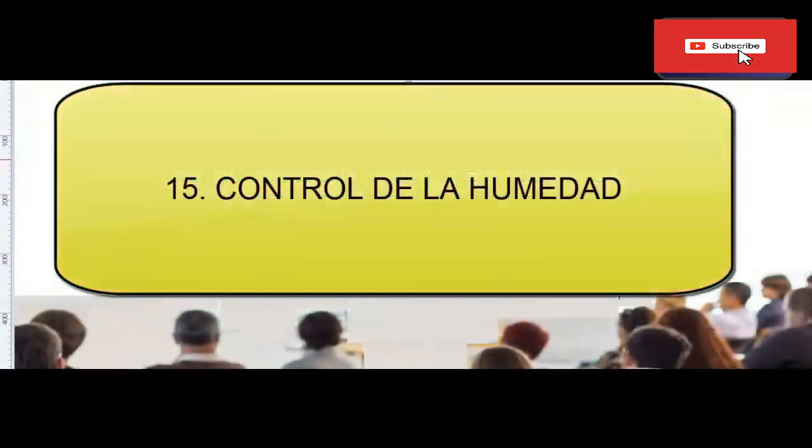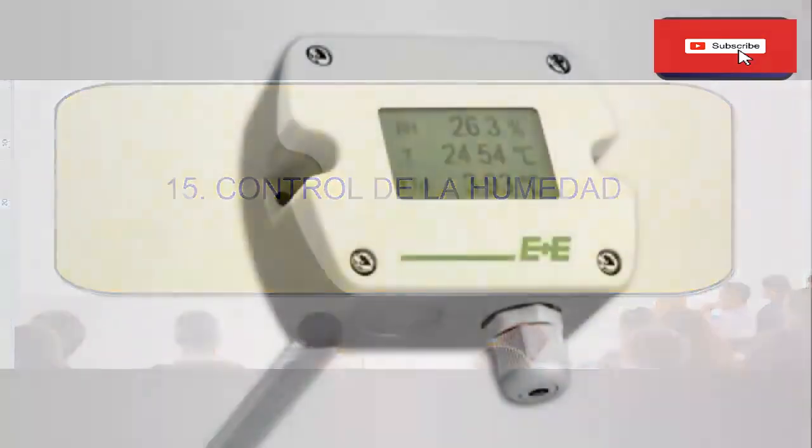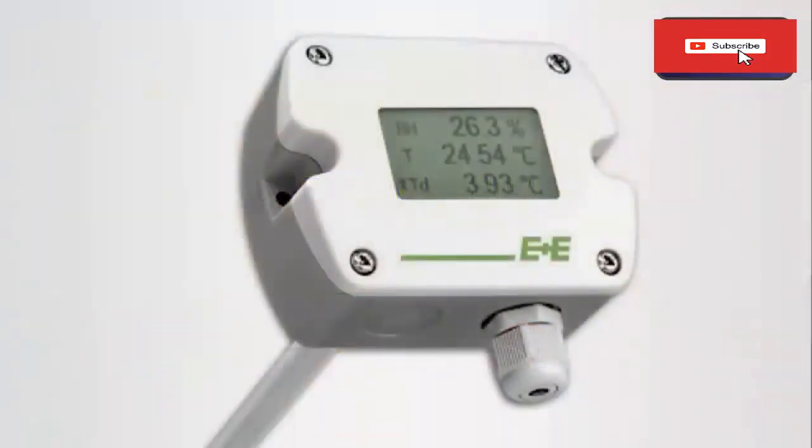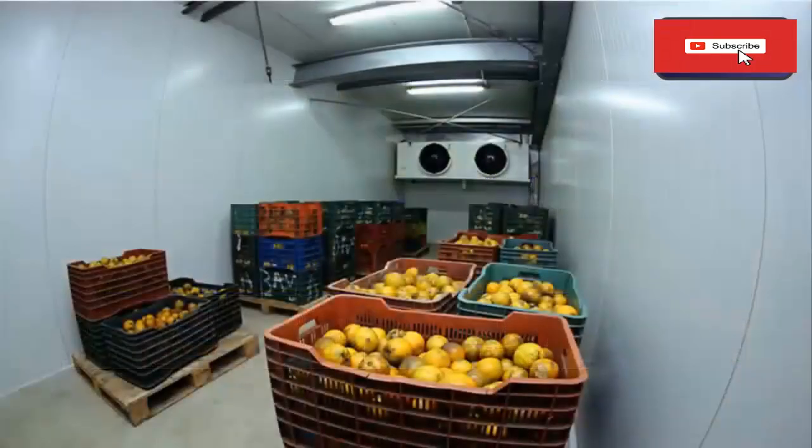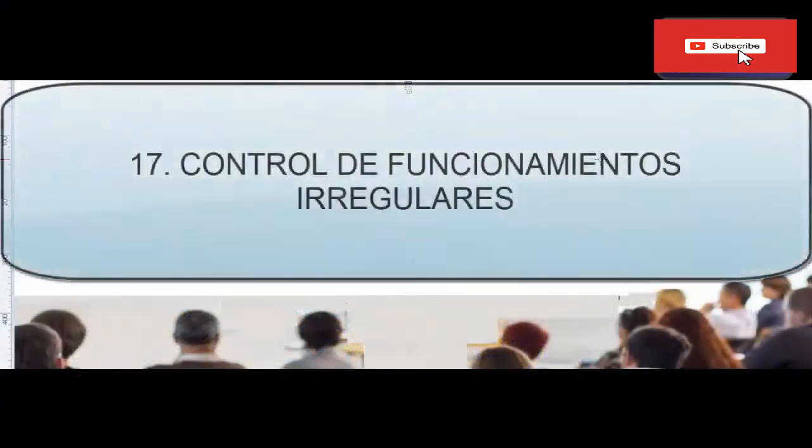15. The electronic evaporator controller can measure humidity using a 0 to 10 volt signal from a humidity sensor. Humidity control works like a simple on-off signal to a humidifier. 16. If the humidity drops below the defined switch-on value, humidification will be started by a signal to a humidifier. 17.